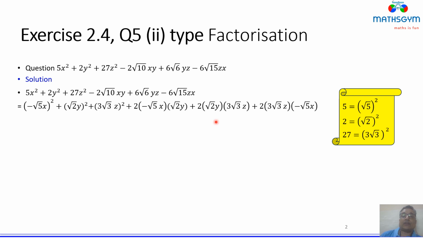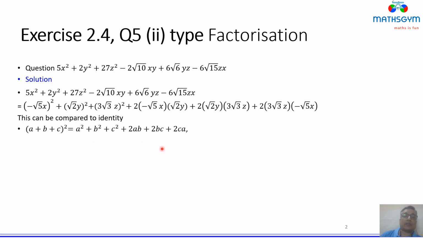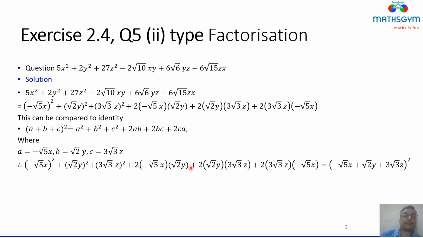Similarly, we fill in the rest of the terms: 2 into root 2y into 3 root 3z, and 2 into 3 root 3z into minus root 5x. Don't get confused. This can be compared to a plus b plus c whole square, which is a square plus b square plus c square plus 2ab plus 2bc plus 2ca. Here a is minus root 5x, b is root 2y and c is 3 root 3z.